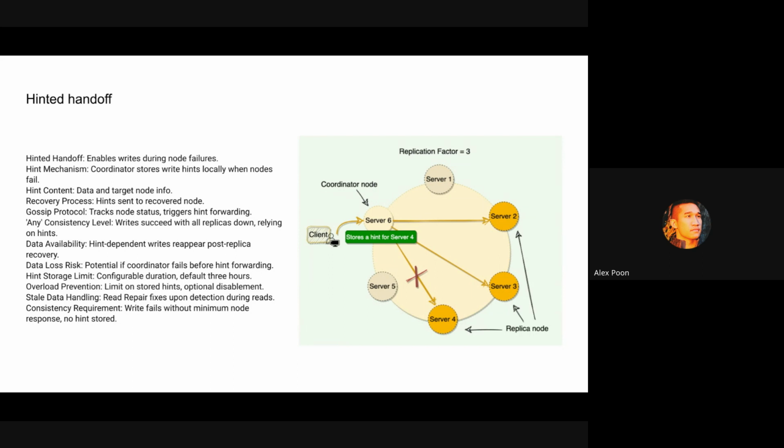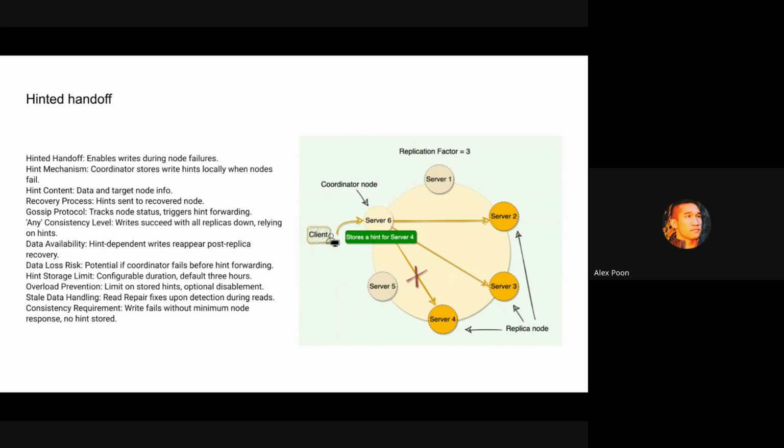Depending on the consistency level, Cassandra can still serve write requests even when nodes are down. For example, if we have the replication factor of 3 and the client is writing with a quorum consistency level, this means that if one of the nodes is down, Cassandra can still write on the remaining 2 nodes to fulfill the consistency level, hence making the write successful.